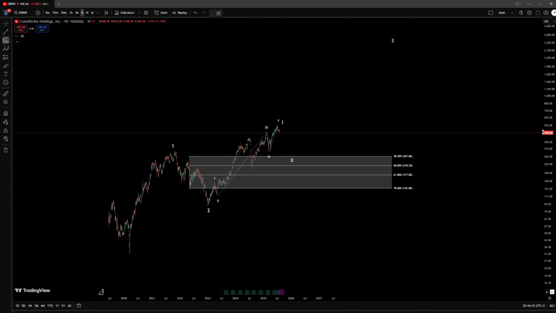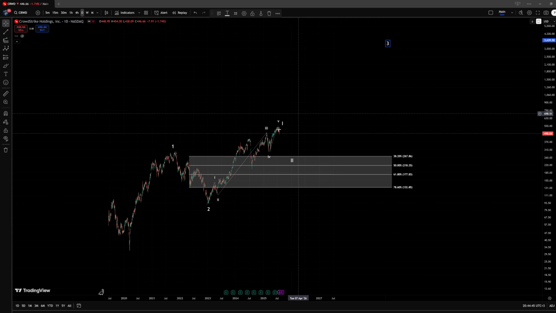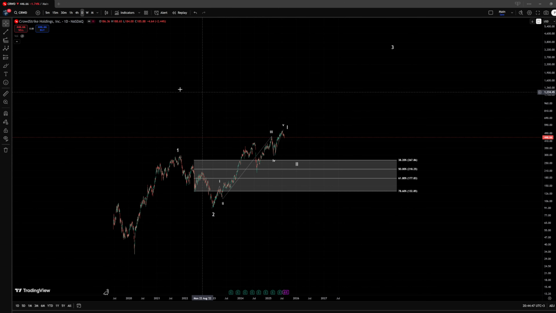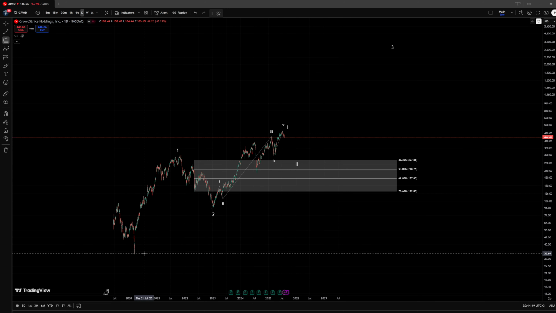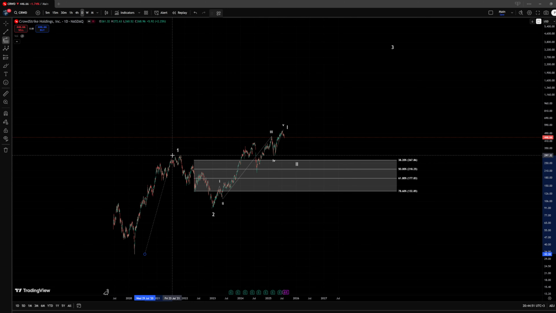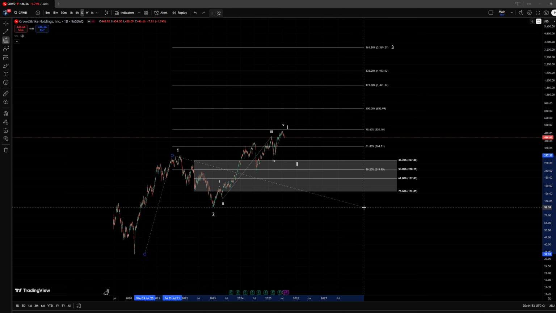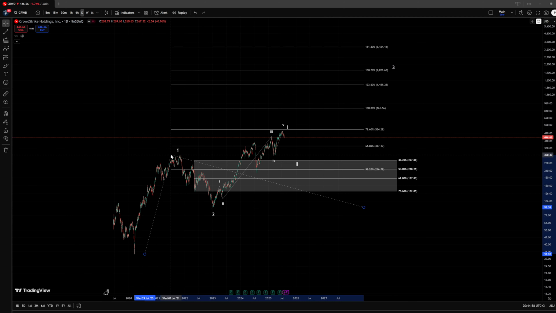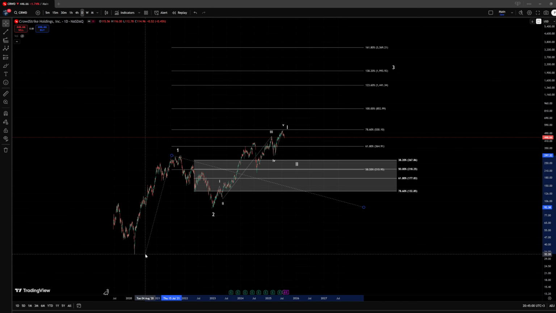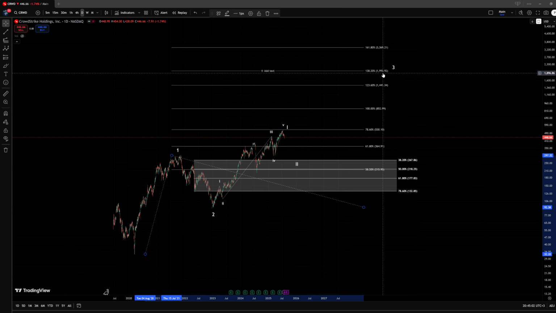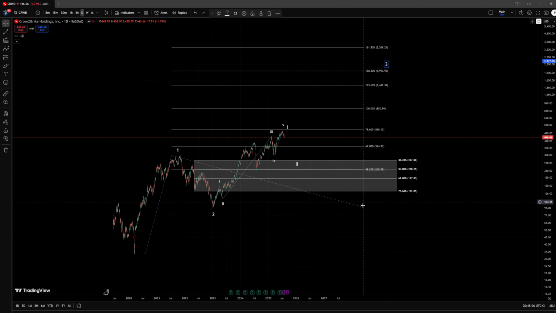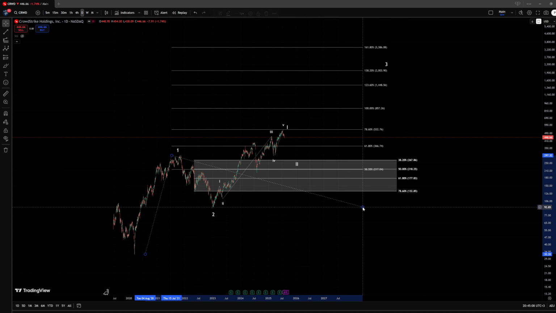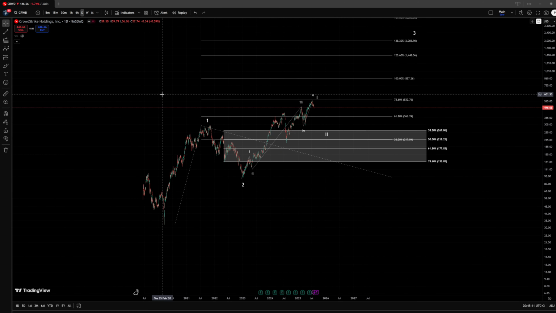And an ideal target for the overall third wave that started here, I cannot give you the ideal target for a third wave of the third wave because we haven't yet completed the wave 2, but this third wave would ideally get to around, let's see, $1,990. So about $2,000 would be the ideal target for this third wave.